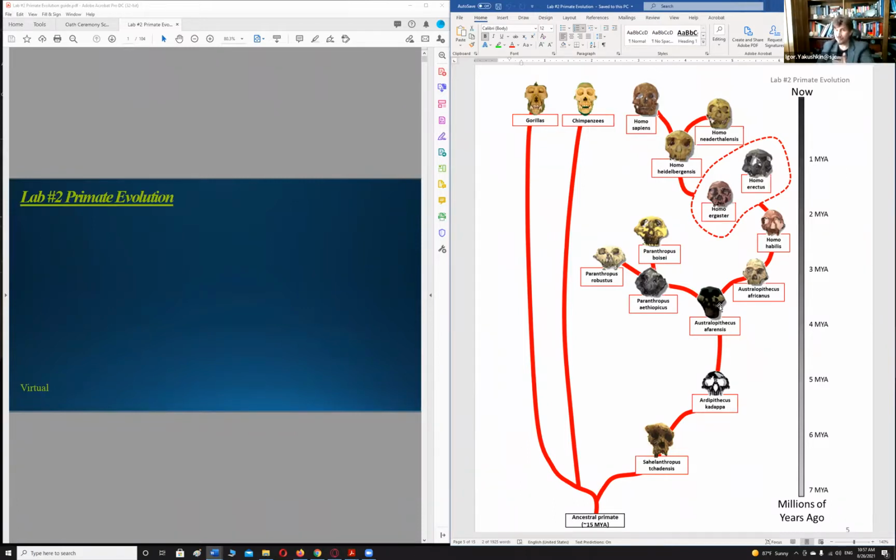Now I don't have to outrun the lion. I have to outrun my quadrupedal cousin. I'm simplifying, but that's generally how bipedalism probably evolved. If I'm outrunning my quadrupedal cousin, I will survive, I will be able to reproduce, and therefore send that particular gene into future generations.